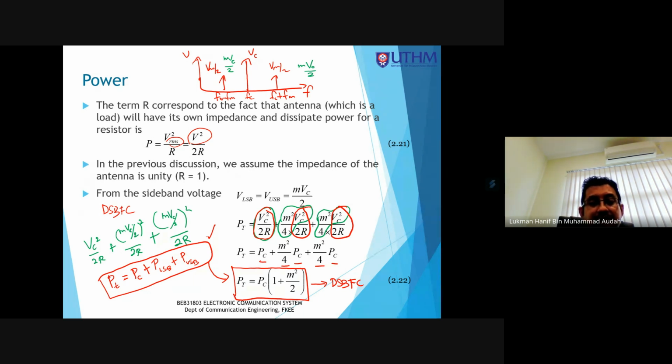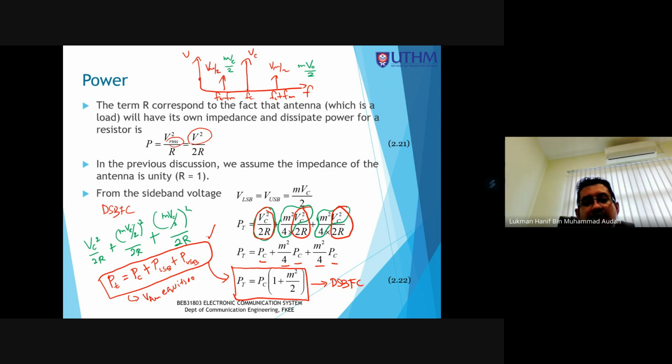Because later, you're going to see that in another type of AM, the components are not three, maybe two components, maybe one component. Again, it is based on the equations. So when you want to write the power equations, you have to know the AM equation first.